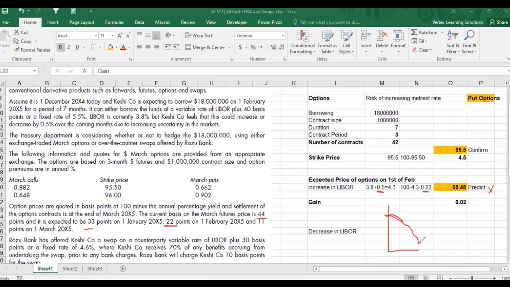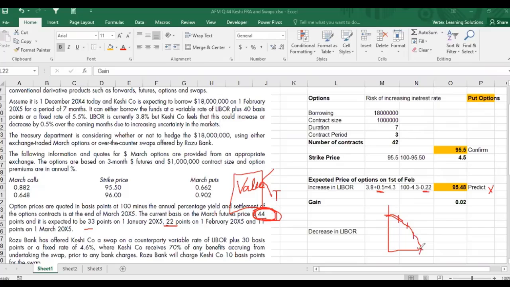This option has some value, and within that value there are two things, intrinsic value and time value. The 44 basis is the value embedded within the option because of the 4 months time period, and with every month passing, this value is going to go down.